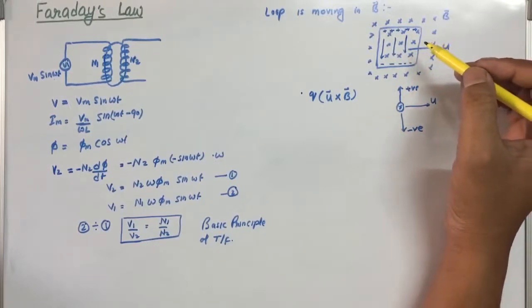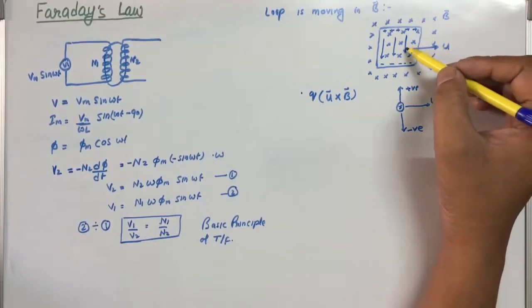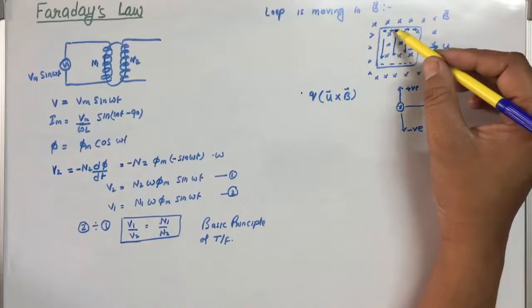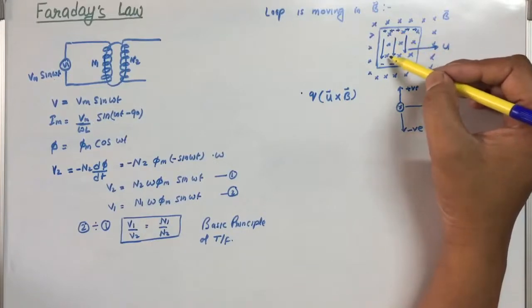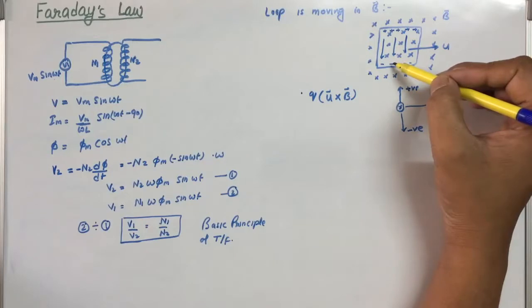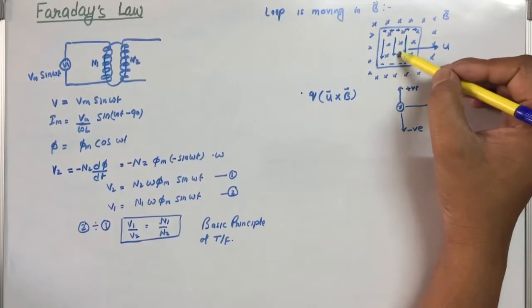Now, as we know, a positive charge experiences force in the direction of the field. So due to this field, this charge will experience a force towards this, and the negative charge will experience a force opposite to the direction of the field.